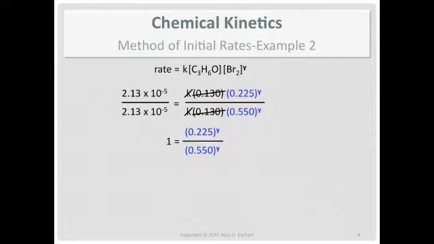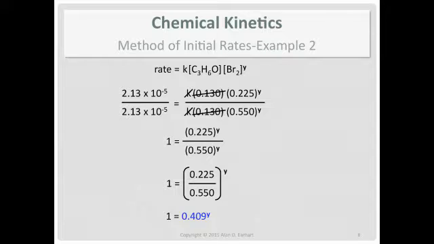Numerator and denominator both raised to the same power, so we'll consolidate the information. And we'll take care of what's in the parentheses. Oh my gosh, how to do that? I mean, that's terrible. 0.409 raised to some power is 1? Oh my gosh, what the heck is that?